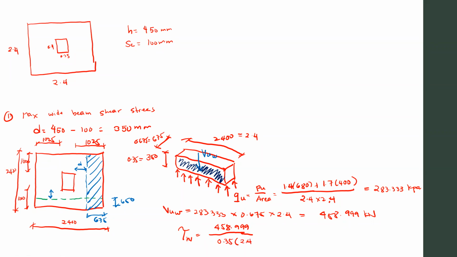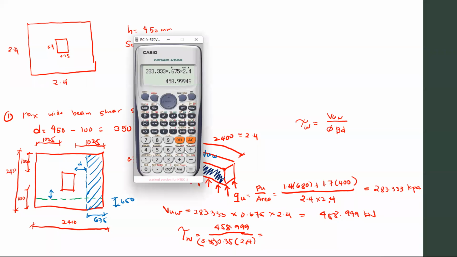Or kung check nyo yung ating formula natin is tau sub W is equals to VU sub W over phi BD. Okay, yung B natin is 2.4, yung D natin is 0.35, and yung phi factor natin this time is using NSCP 2001 which is 0.85. Okay, so let us divide it to 0.85, divide it to 0.35, divided by 2.4.